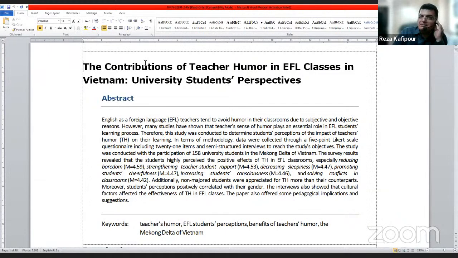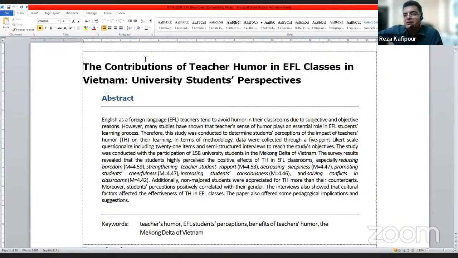Regarding the topic? Yeah, in terms of novelty, in terms of the state of the art from this article. Okay. Actually, all topics related to cultural factors are very interesting because they may provide very different results.